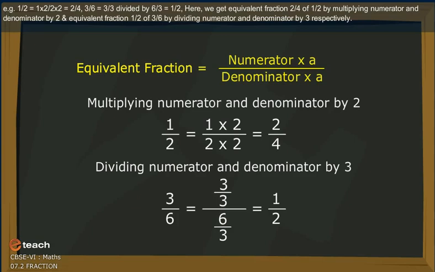Here, we get equivalent fraction 2 by 4 of 1 by 2 by multiplying numerator and denominator by 2, and equivalent fraction 1 by 2 of 3 by 6 by dividing numerator and denominator by 3 respectively.